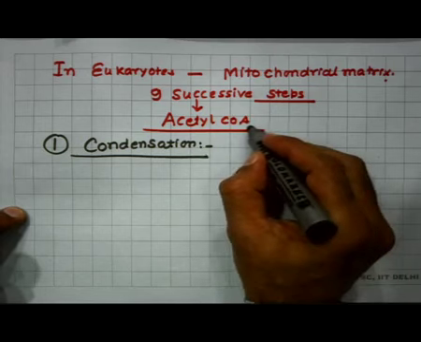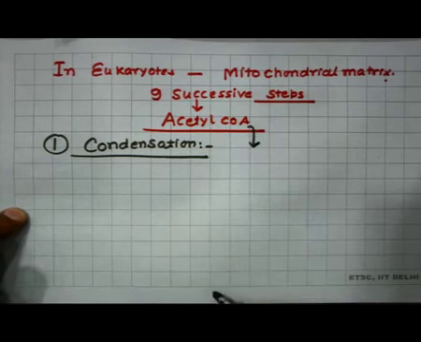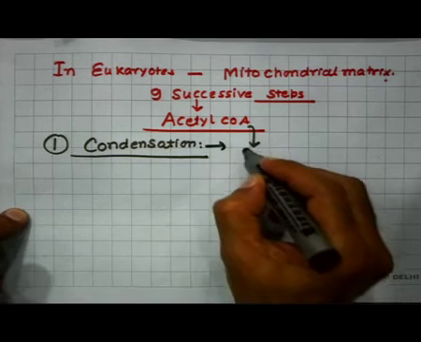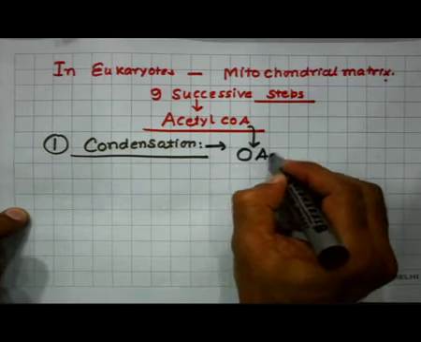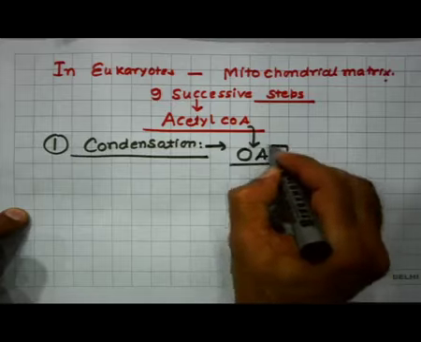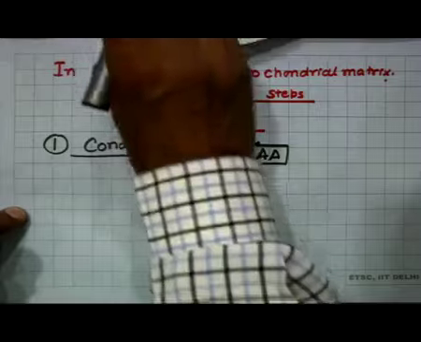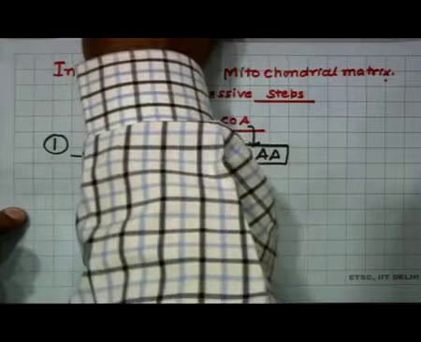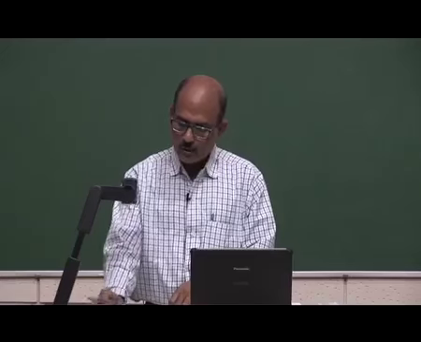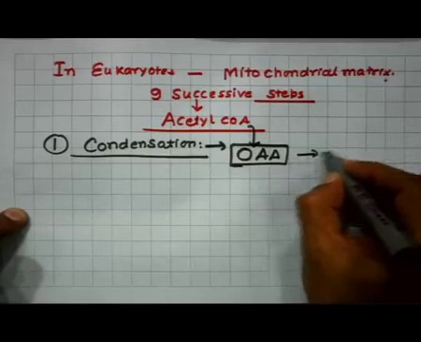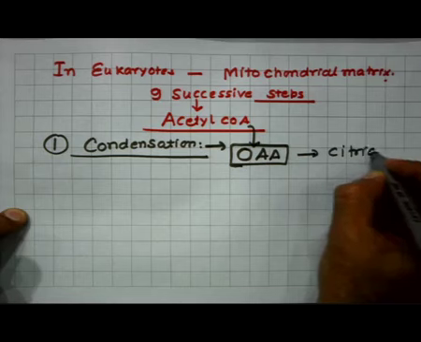The acyl coenzyme A, which is the product, combines with oxaloacetic acid and forms citric acid.